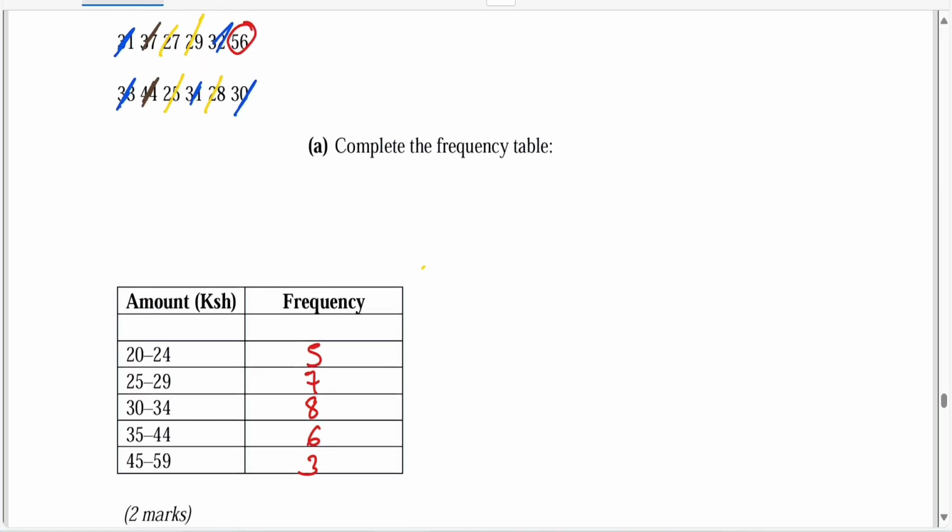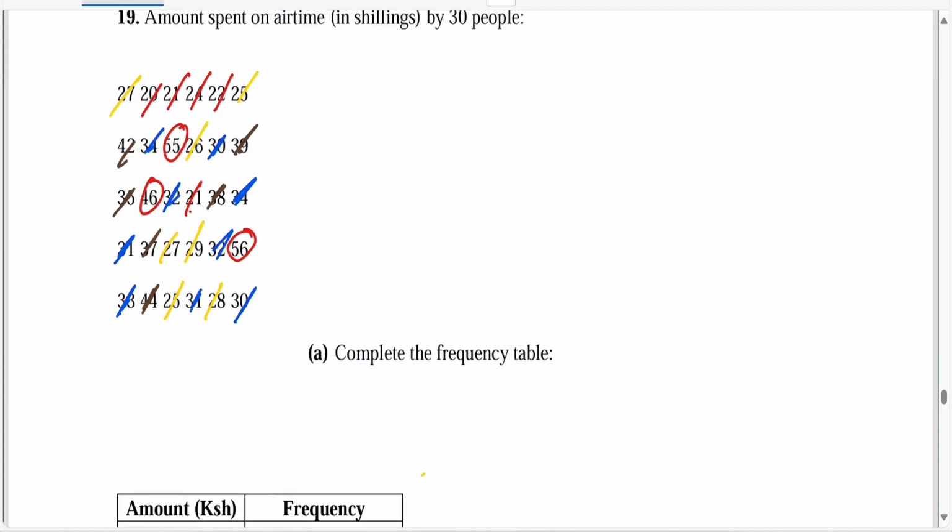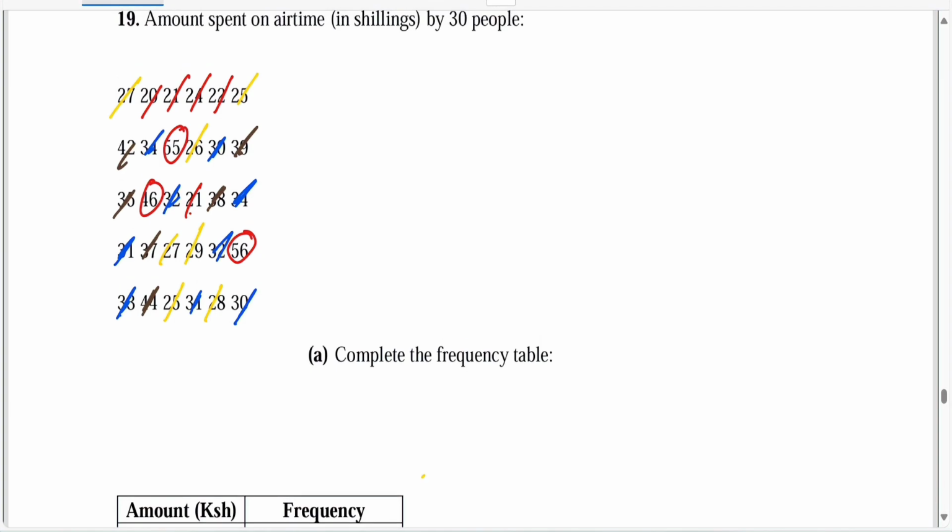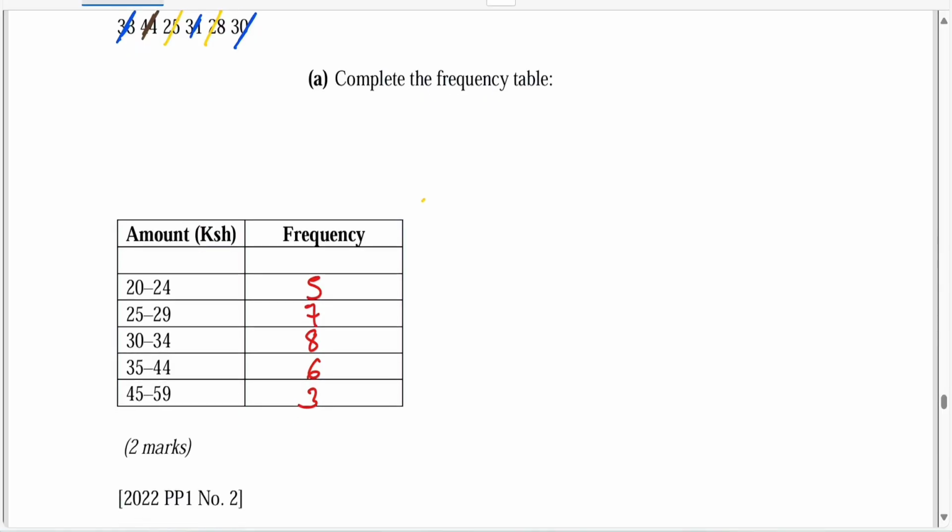30 to 34. The blue ones are 30 to 34. 1, 2, 3, 4, 5, 6, 7, 8, 9. Oh, sorry. So it should be 9 here. That's why I was wondering. 30 to 34 is 9.